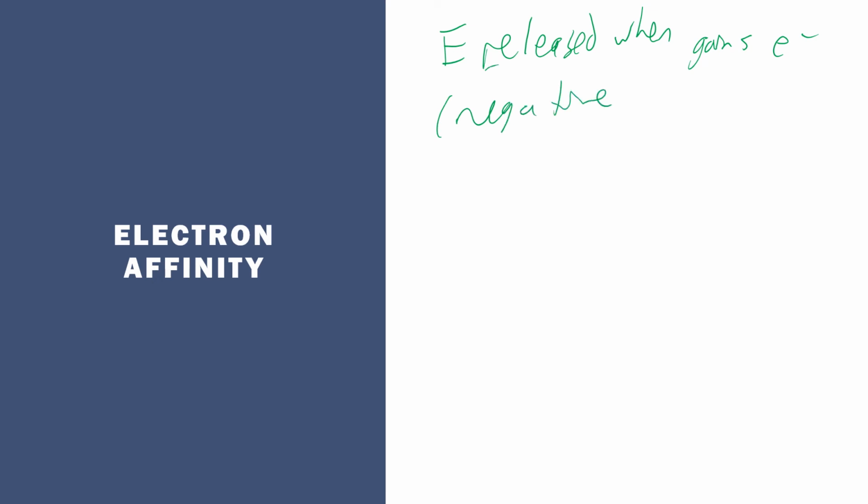So electron affinity is kind of the opposite of ionization energy. Electron affinity is how much energy is released when an atom gains an electron. So these are typically given as negative numbers because they're releasing energy.